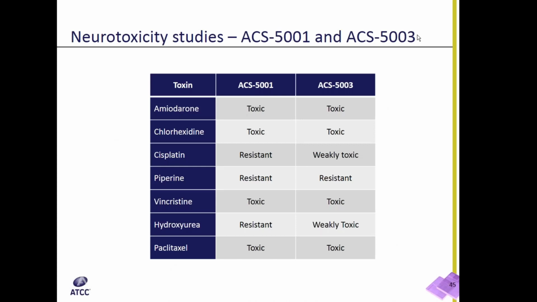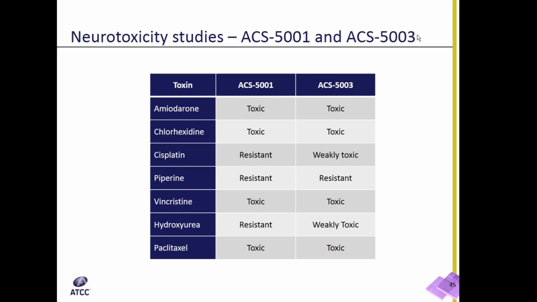So this table summarizes our toxicology study. In the first column of the table, we show a list of the toxins that we tested. ACS 5003 neural progenitor cells were sensitive to most of the compounds that they were treated with, with the exception of piperine, which was expected.